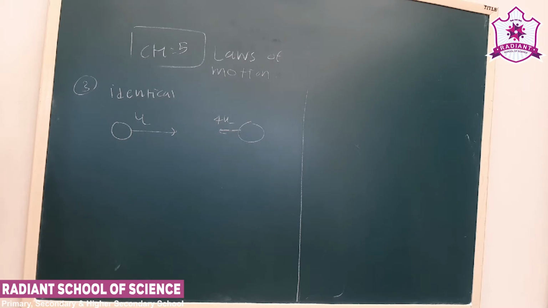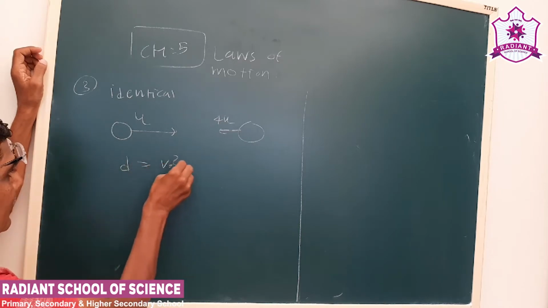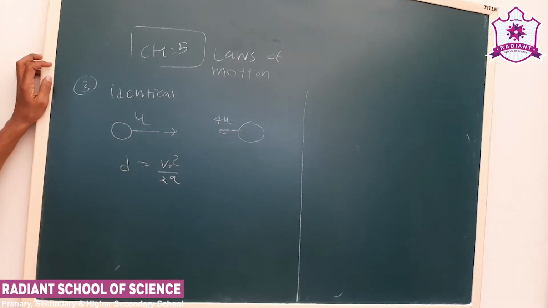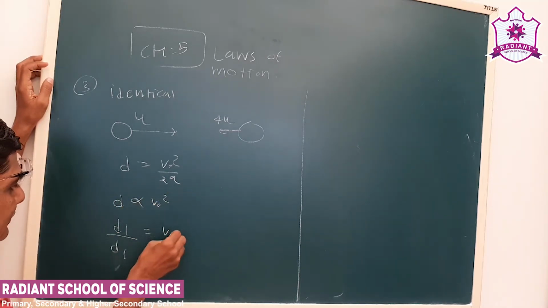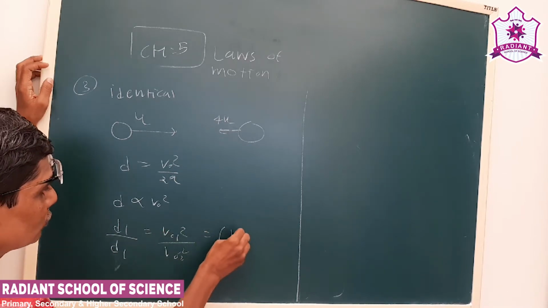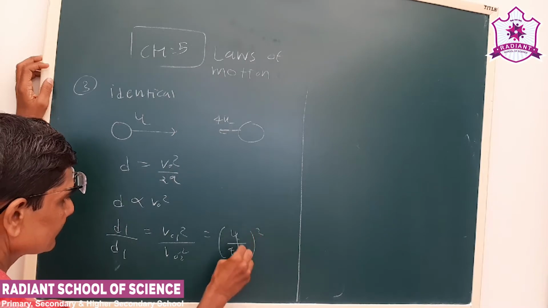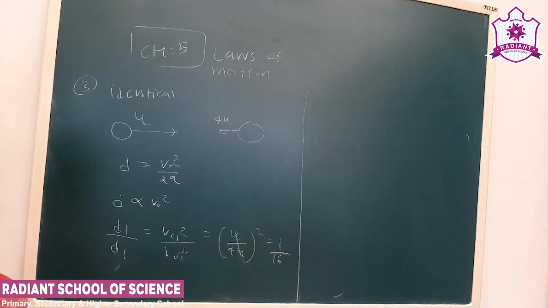What will be the ratio of the stopping distance? We know the stopping distance d is v0 square upon 2a, so d is proportional to v0 square. So d1 upon d2 is v01 square upon v02 square. Here it is given u and 4u, so the ratio of the stopping distance is 1 upon 16.